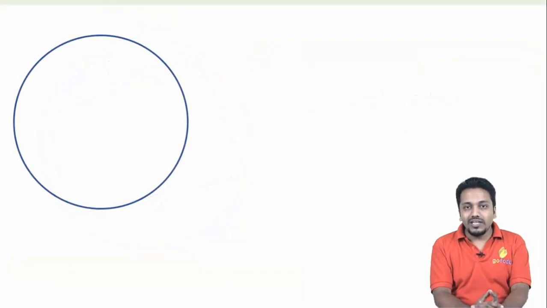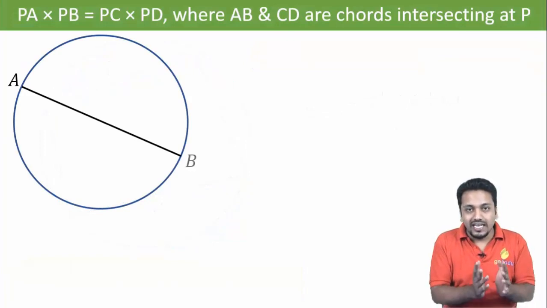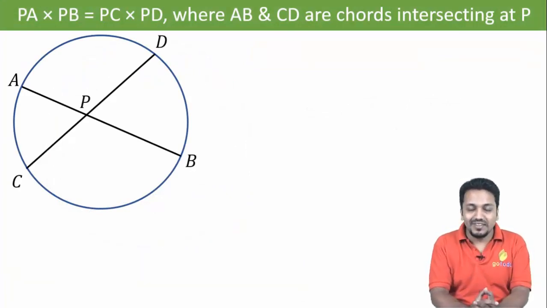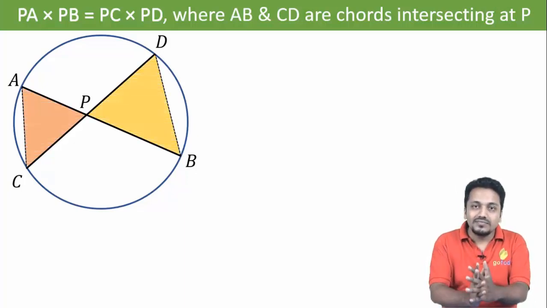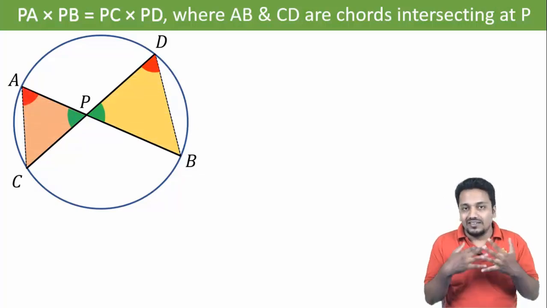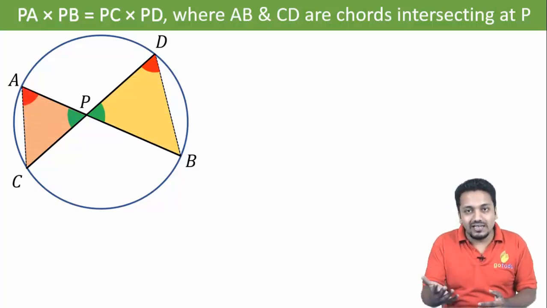Moving on to another property, if 2 chords AB and CD intersect at P, then PA into PB is equal to PC into PD. In these 2 triangles, the green angles are vertically opposite angles and the red ones are angles in the same segment.